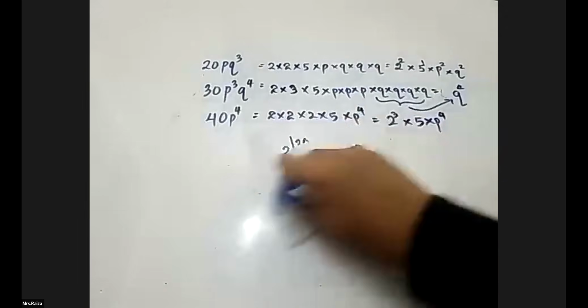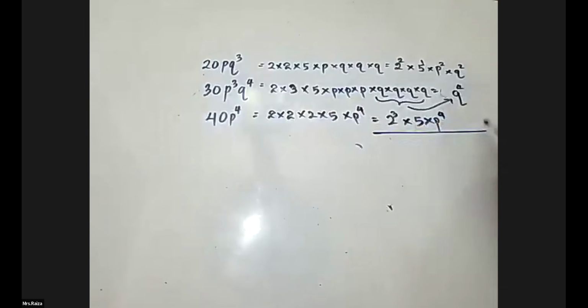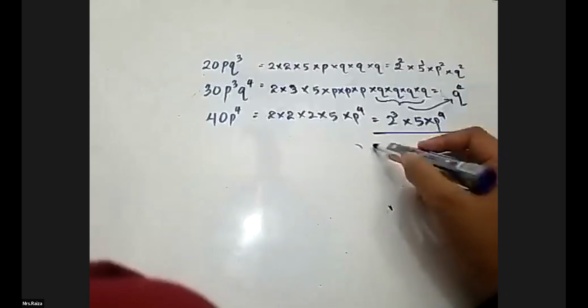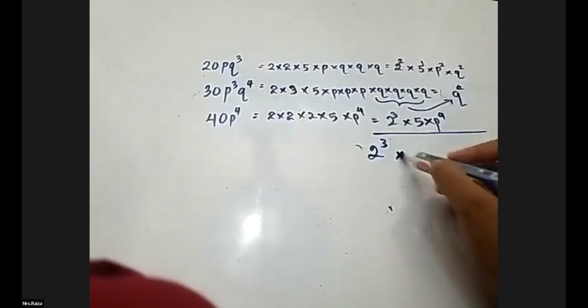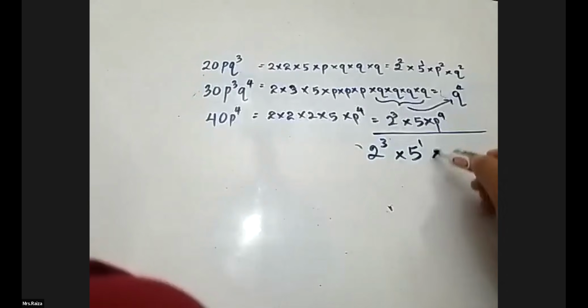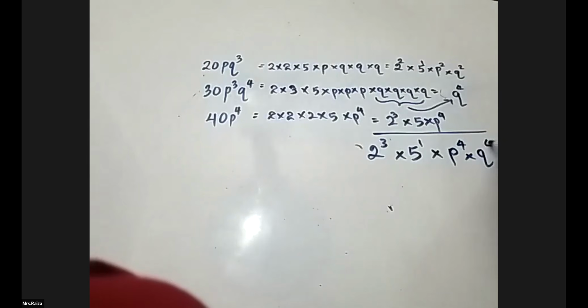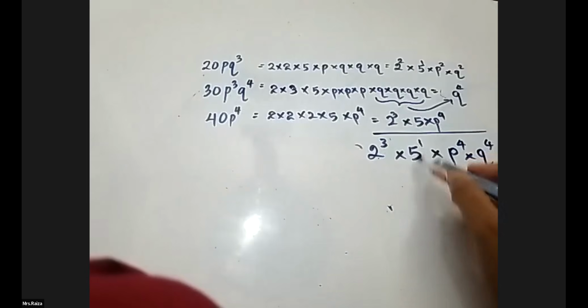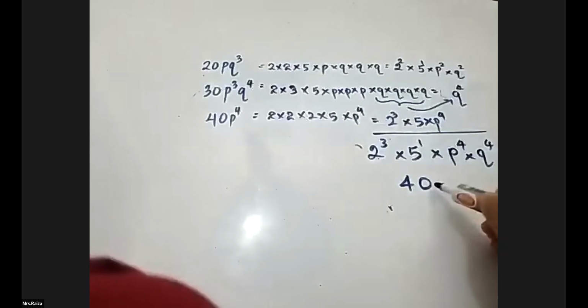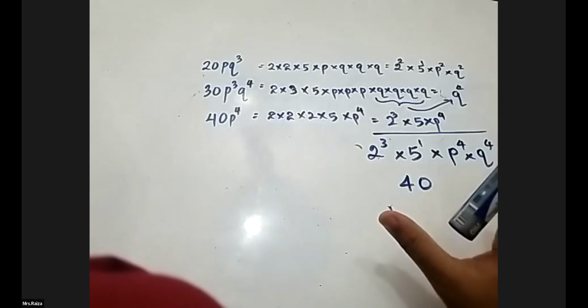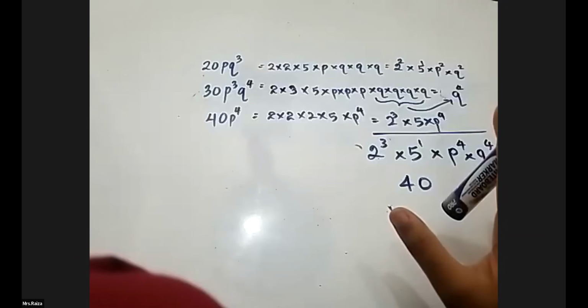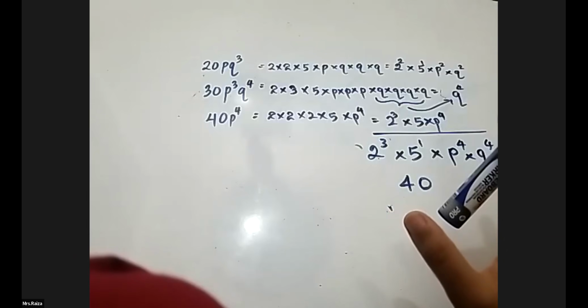Now we are going to take the highest factors. When I consider number 2, 2 to the power 3 is highest. When I consider number 5, 5 to the power 1 is highest. For p, p to the power 4, and q to the power 4. You get 8 into 5, 40. Is it correct? Wait a second.